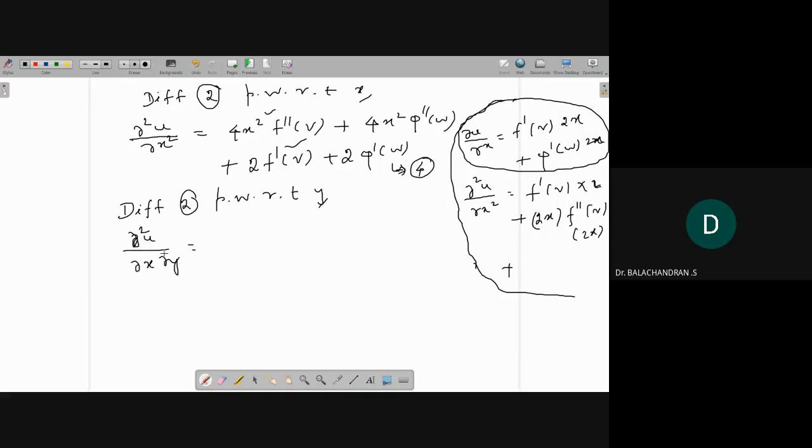If anybody got the answer, you can tell. Sir, I have a doubt. Yeah, please tell. We don't have to differentiate equation 2 with respect to y, because there is no term asked in the question as dou square u by dou x dou y.